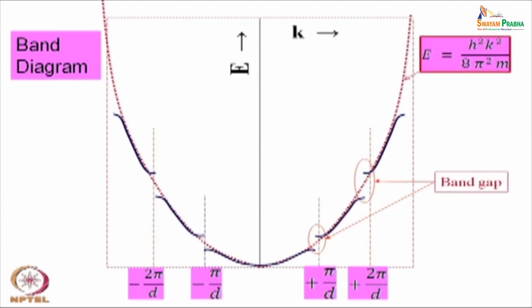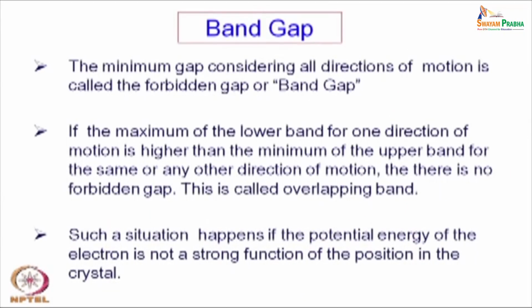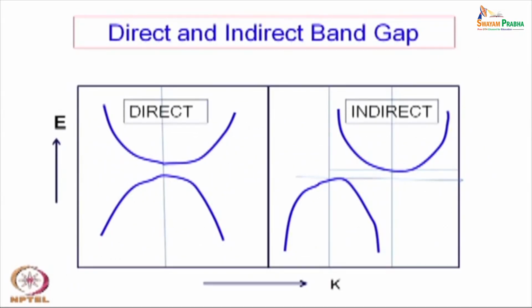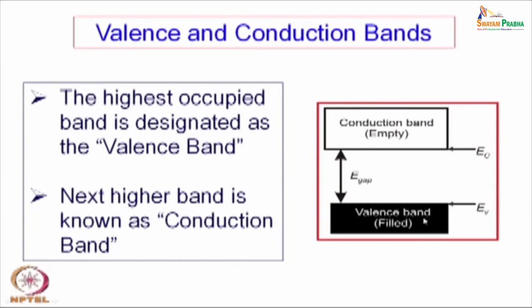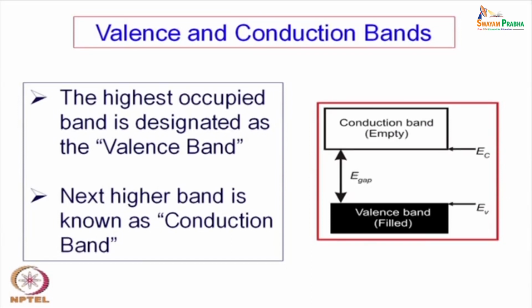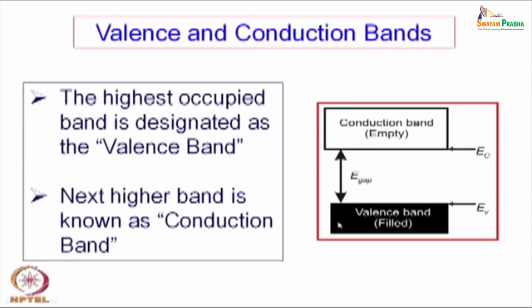system. So, what we are saying here is that the highest occupied band is designated as the valency band. So, this is the valency band, and below that whatever energy levels are available, including if there is a band gap, does not matter, all the energy levels are filled up below this level, then this will be called the valency band.